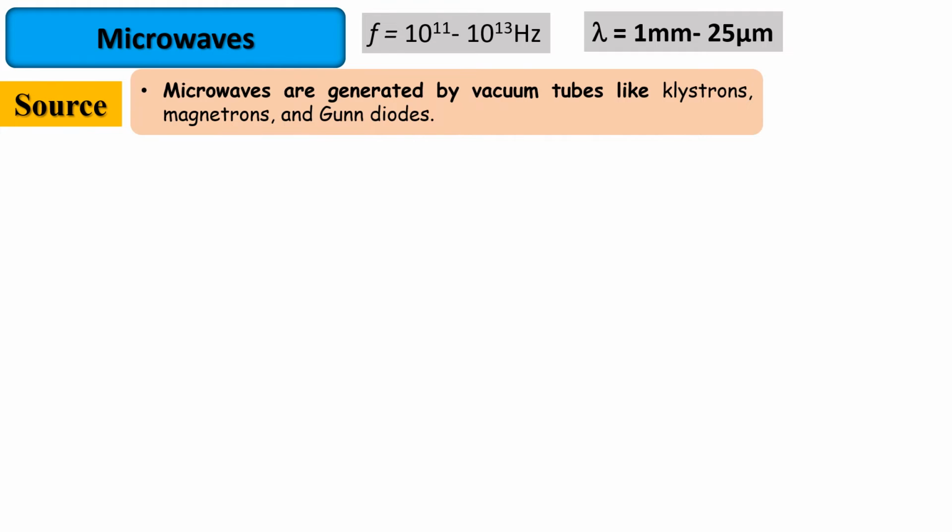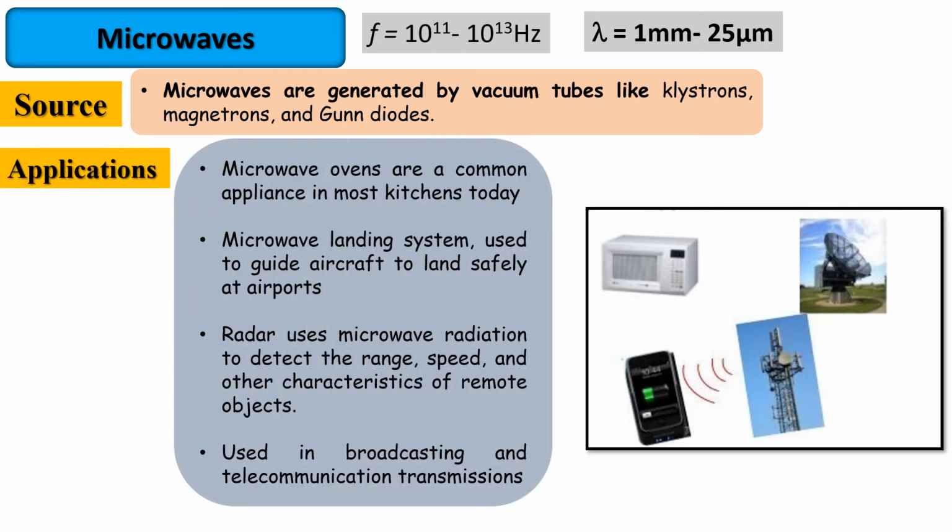Now the main source, as we know, the celestial objects, but we can generate them using vacuum tubes like klystrons, magnetrons and gun diodes, wherein the electron is made to accelerate to a very high speed. Now obviously the application we know is the microwave oven, which uses microwaves.